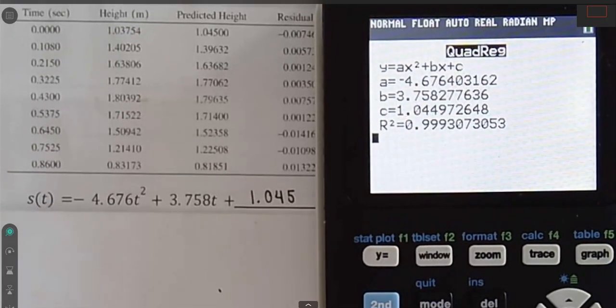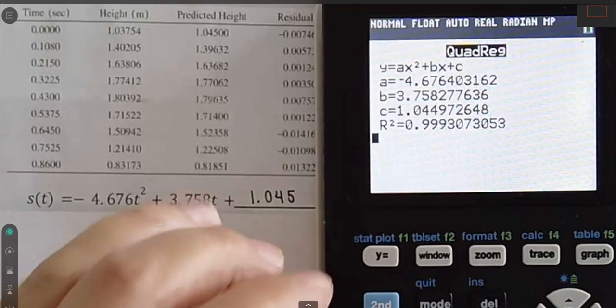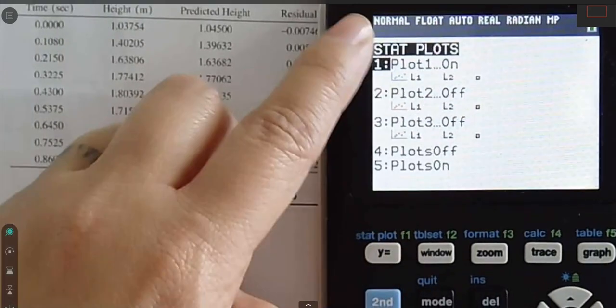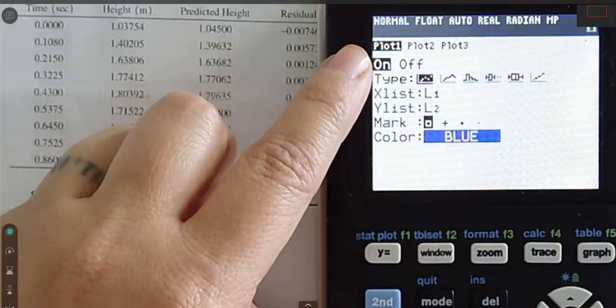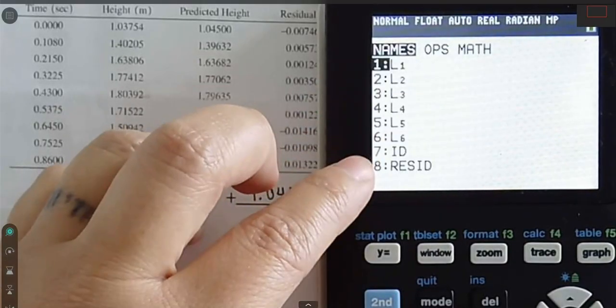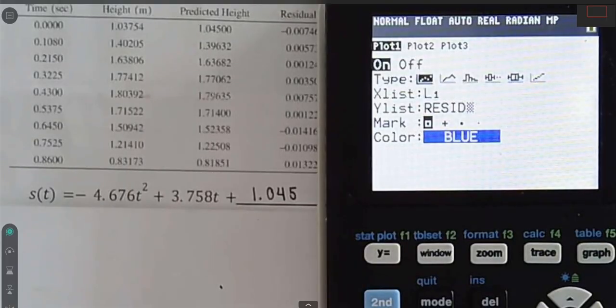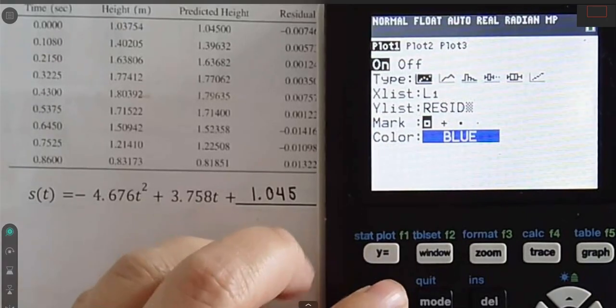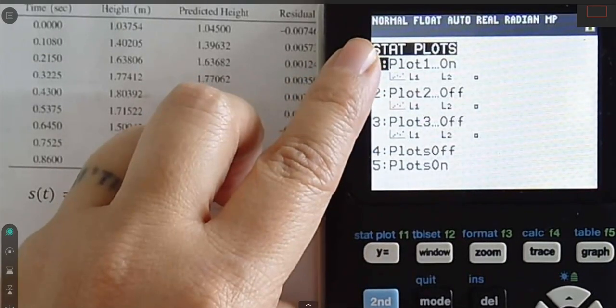All right, once you've calculated a regression model, now you can go back. And if you change this back temporarily, make this residual. So second stat residual is number 8 for me. Too fast? Okay. So this is second y equals plot 1.